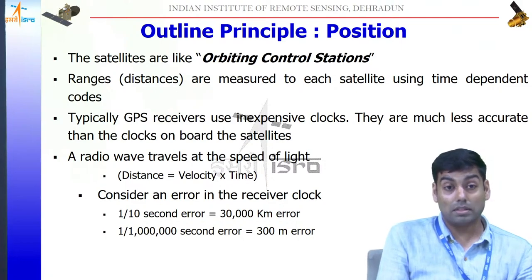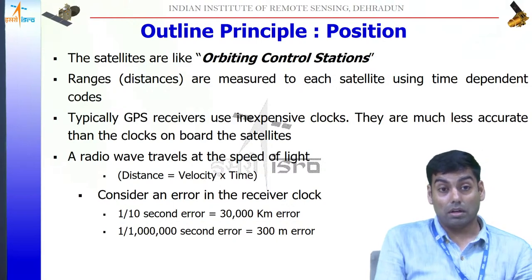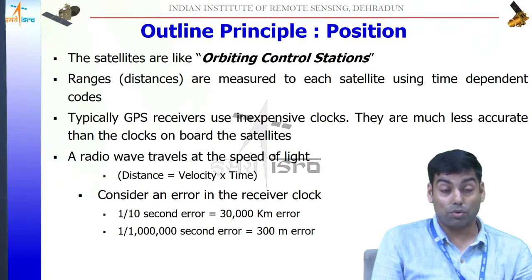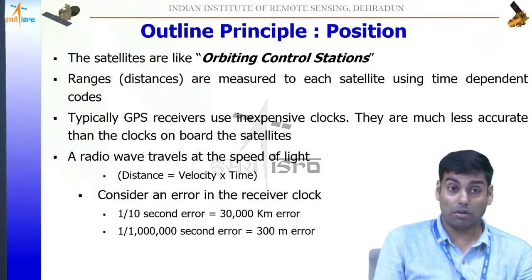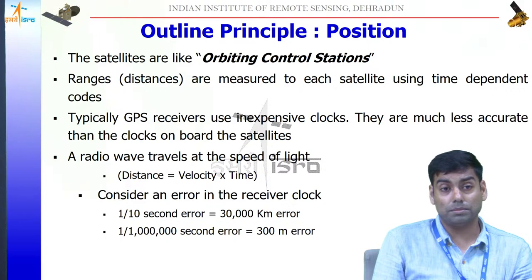So this is one of the ambiguities that occur in our navigation data, and we have to reduce it. There is a method to reduce it, called single difference sensing and double difference sensing. We will discuss that in the next lecture.